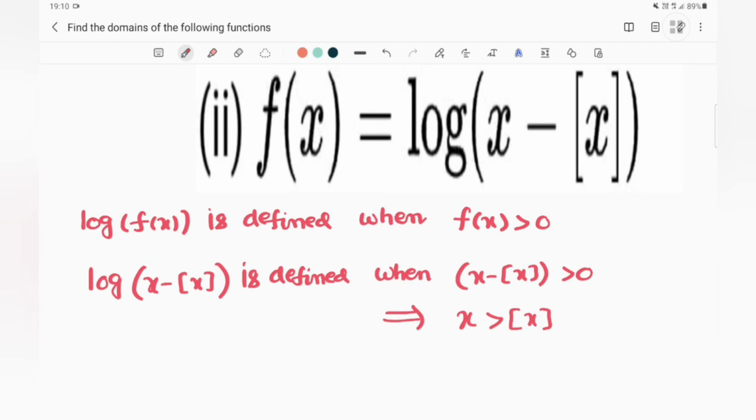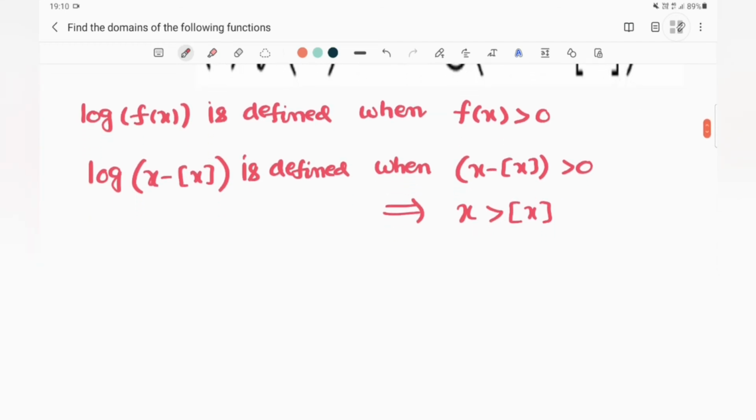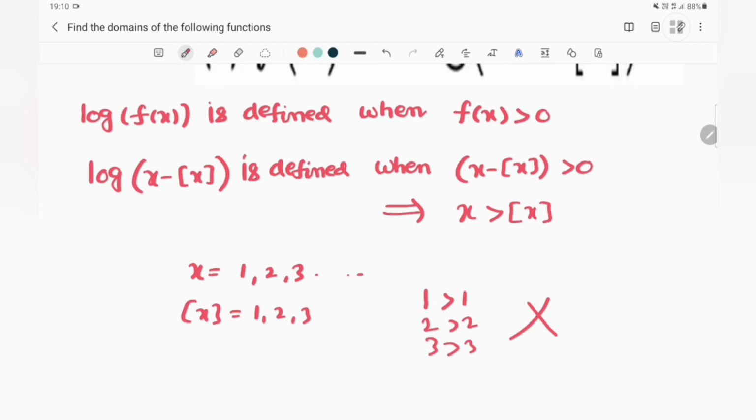Here, to get the domain, observe carefully, values we can take here. Suppose if we take x value as numbers like 1, 2, 3 and so on, step x values will become step 1, step 2, all are 1, 2, 3 only. So 1 is greater than 1, 2 is greater than 2, 3 is greater than 3. It is not possible. It is not correct. So for the values of 1, 2, 3, it is not possible.